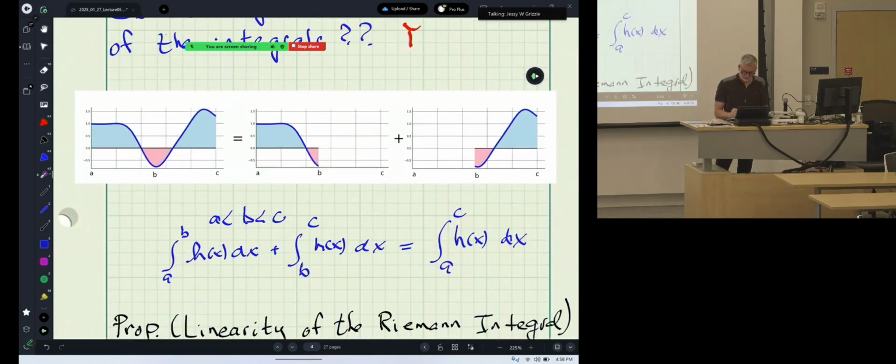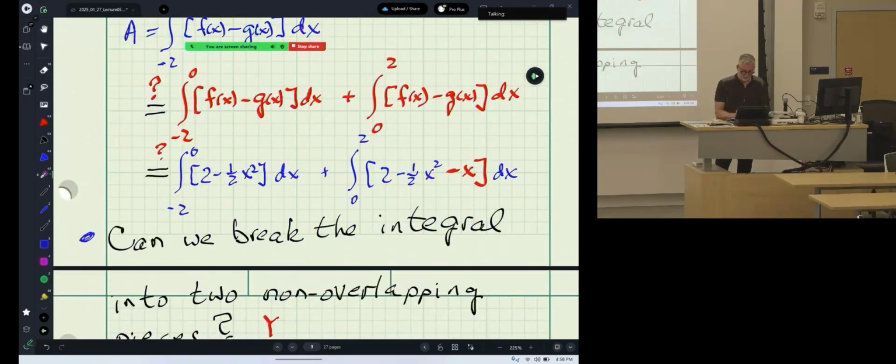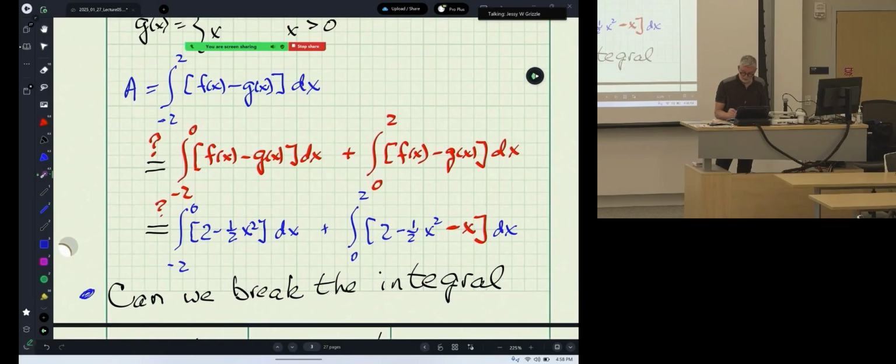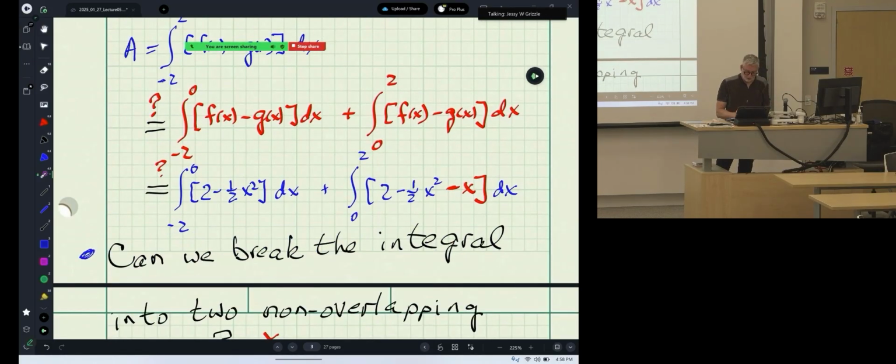The fact that if you stop halfway and get the area, and then you continue on the other half of the area, you add them up, you get the entire area. So that allows us to break this up into pieces where it's easy to write down what f and g are, since g has an if statement in it, okay? It's a branch. And then we can break up the integral into applying it to each of these terms independently.